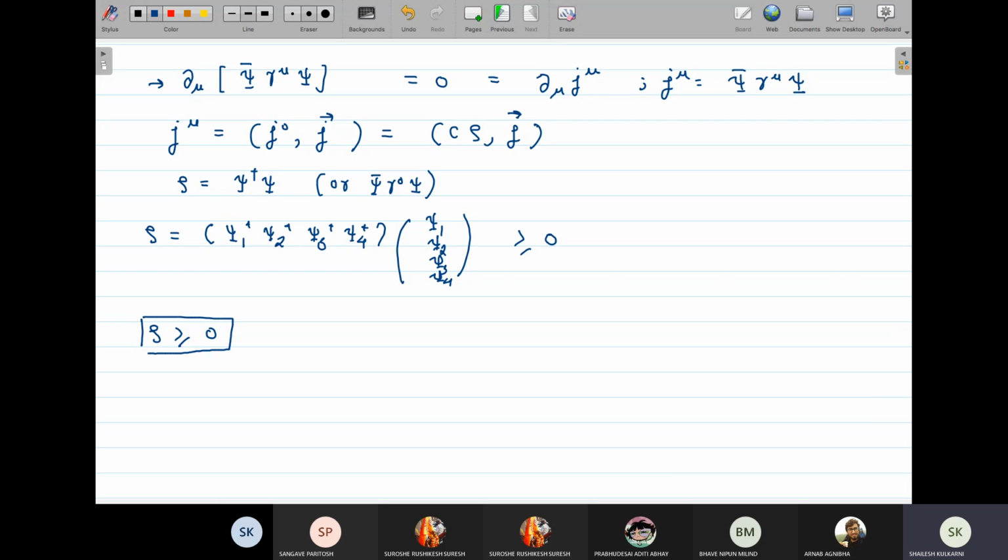So the first problem has disappeared now, which was occurring for the Klein-Gordon equation. And you can trace back the reason why we were able to solve this: because we converted the second order differential equation into a first order differential equation. But the price we have to pay is that we are increasing the components.